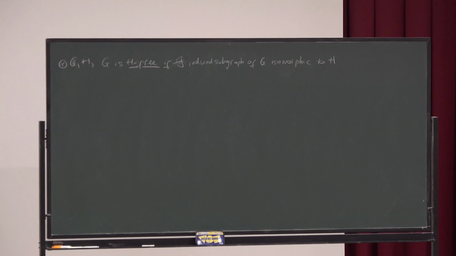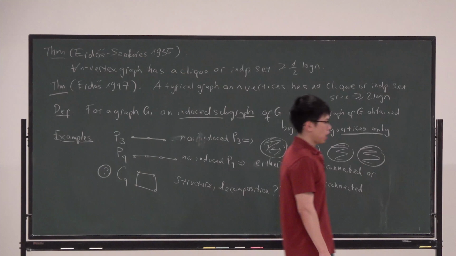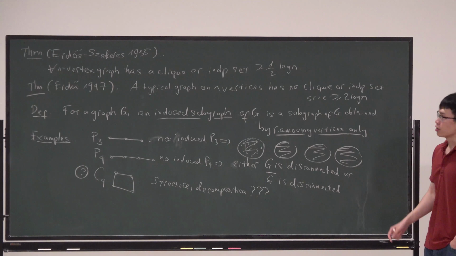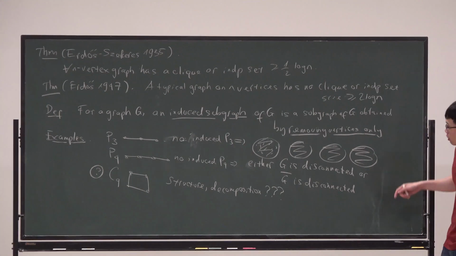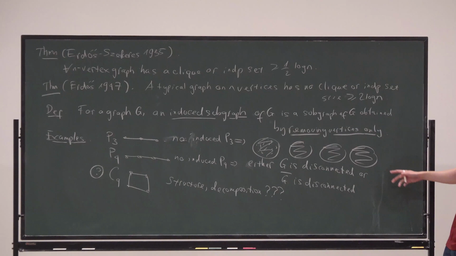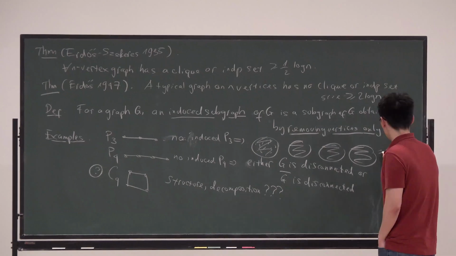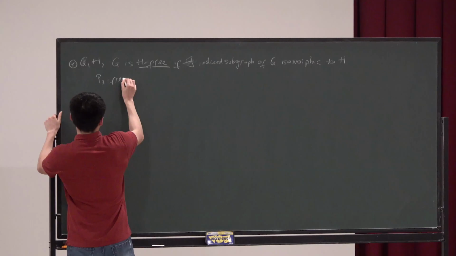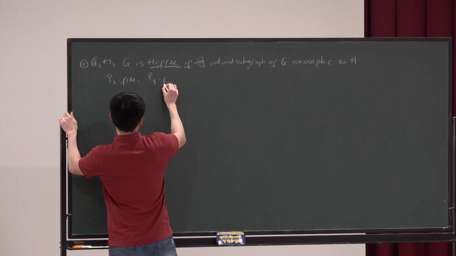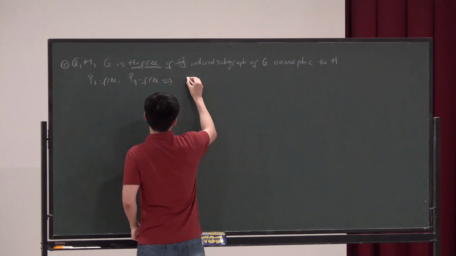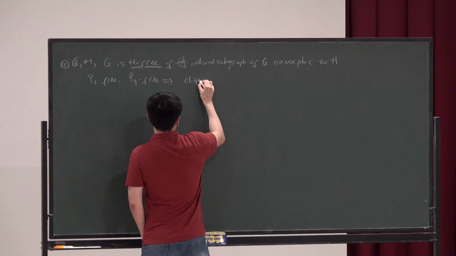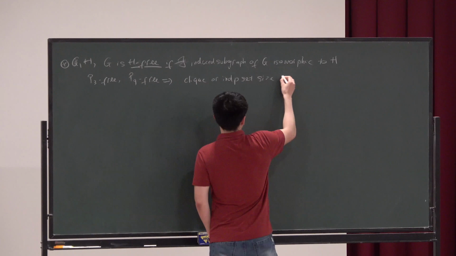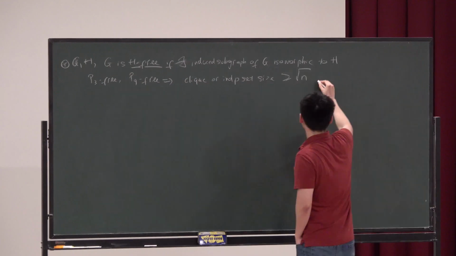So from these two examples, going back to the business of finding a large clique or independent set in the graph, it is not hard to show that P3-free and P4-free would give you a clique or independent set of size at least root n, where n is the number of vertices.